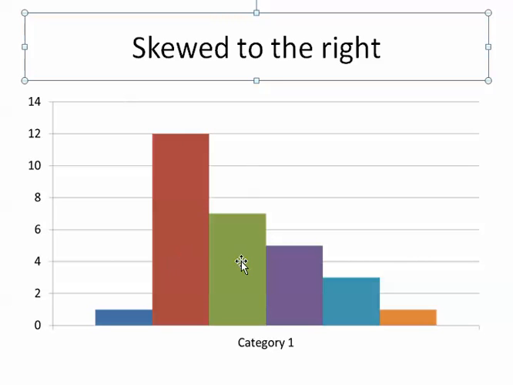Further toward the right, we have maybe the assistant managers who make a little bit more money than the cashiers. Since they make more money, they're further to the right. But since there's fewer assistant managers than cashiers, their bar is shorter.